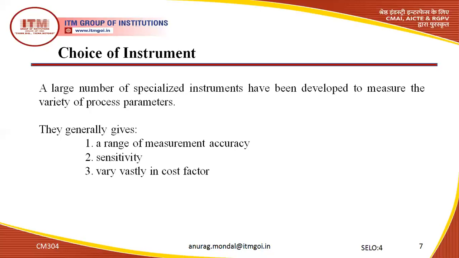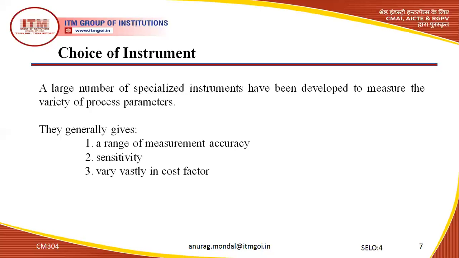This variety of instruments has a range of measuring accuracy: some instruments have higher accuracy, some have lower accuracy. Some instruments have higher sensitivity. What does sensitivity mean? Whenever the instrument senses some input, it produces the output, and how fast that instrument works is the sensitivity.